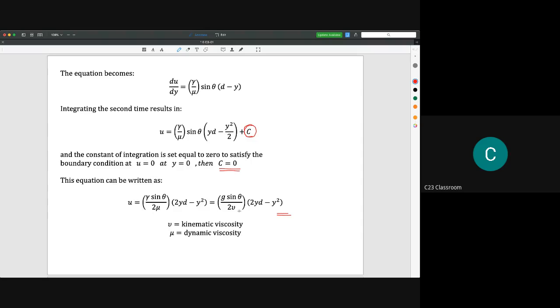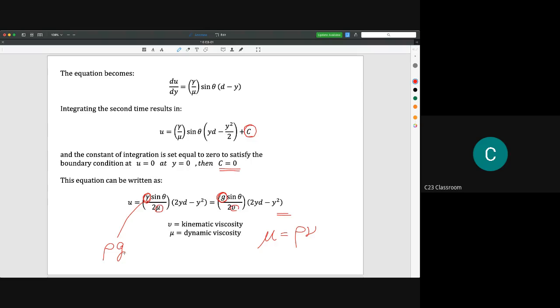So in this equation we use nu. Nu is the kinematic viscosity and mu is the dynamic viscosity. I think you already know that the relation is nu equals mu over rho. That's why in this term they show the gravity, because the gamma here is actually the multiple of rho and g.